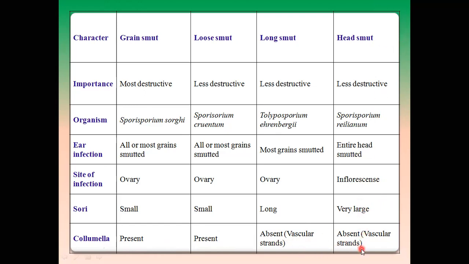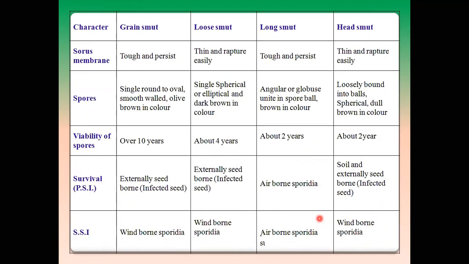In loose smut and head smut, vascular strands or vascular filamentous structures may be produced in absence of the columella. Then the peridium: it is generally tough and persistent in grain smut, thin and ruptures easily in loose smut, tough and persistent in long smut, and thin and ruptures easily in head smut.